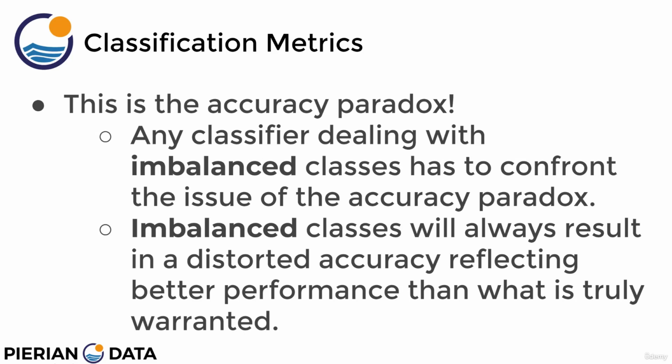So, to clarify, it really has to do with the fact that in the real world, you often have data sets that have imbalanced classes, and any classifier dealing with imbalanced classes has to confront the issue of the accuracy paradox. Imbalanced classes will always result in a distorted accuracy reflecting better performance than what is truly warranted.